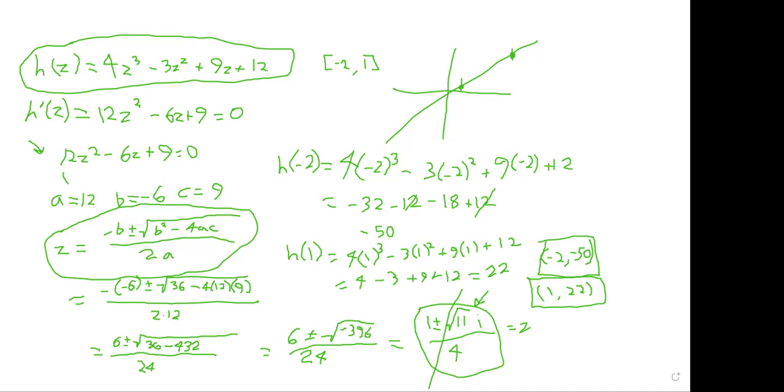Do you guys get how I figured out that A is 12, B is negative 6, and C is 9? Right here.